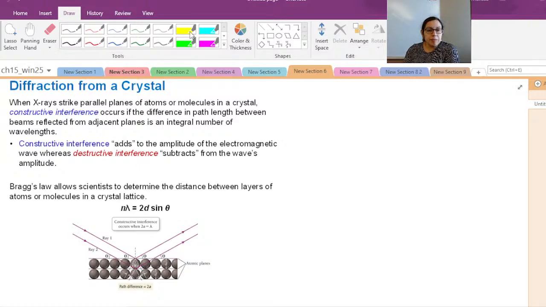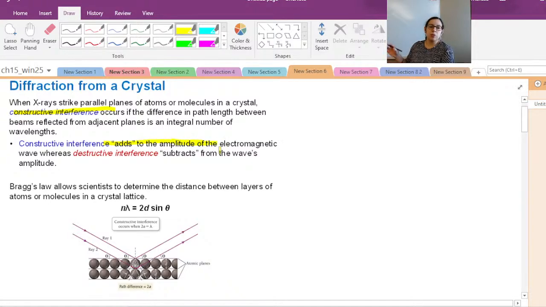Essentially, and we don't care too much about this, we're just appreciating it. There's constructive interference, and this adds amplitude, which makes a little pattern.